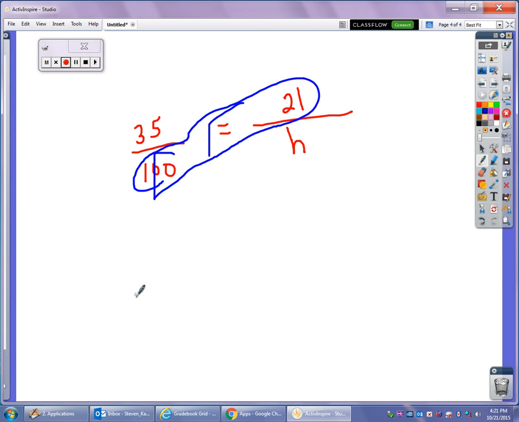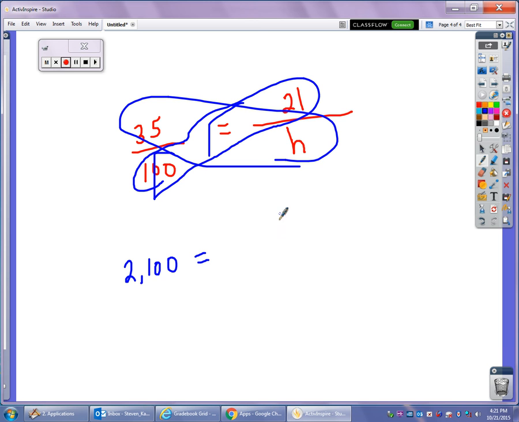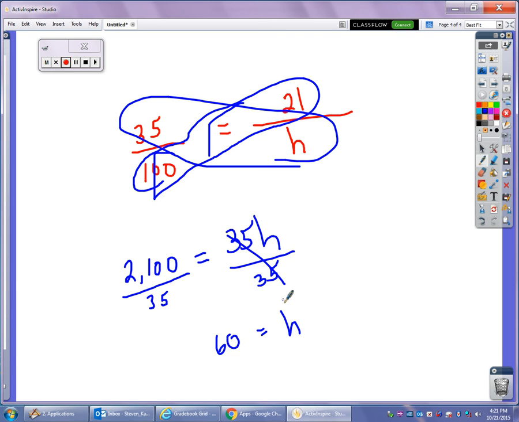So 21 times 100 is 2,100, which equals 35 times H, which we're going to leave as 35H. And then I'm going to divide both sides by 35. So 2,100 divided by 35 will get you, if you did this on a calculator, 60, which is exactly what we got before.